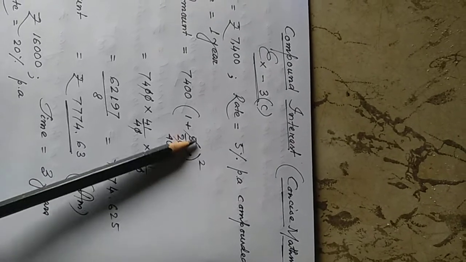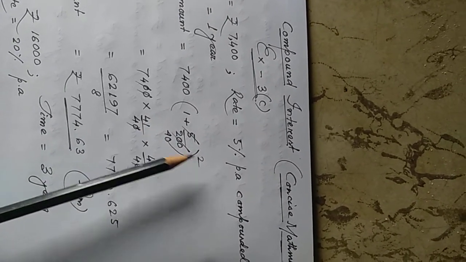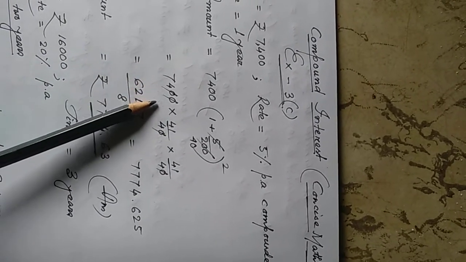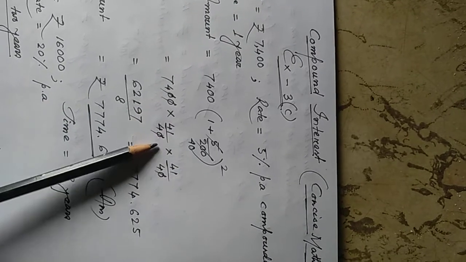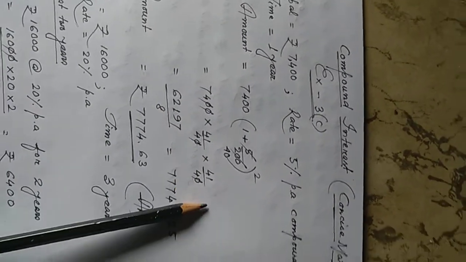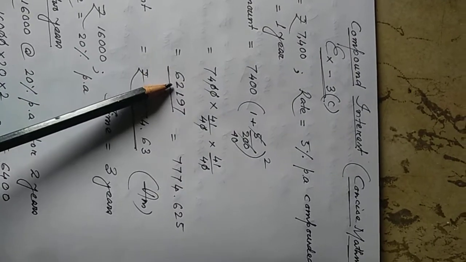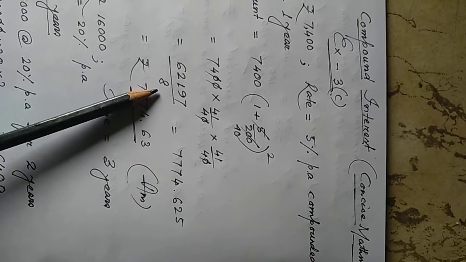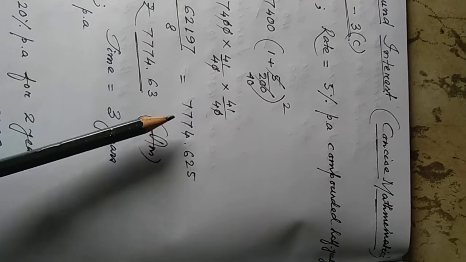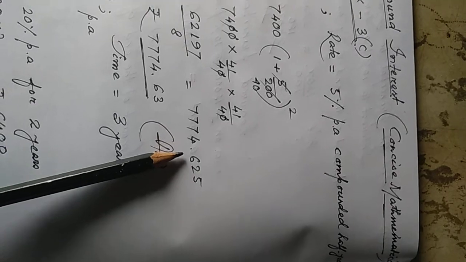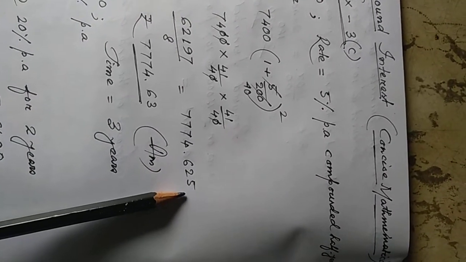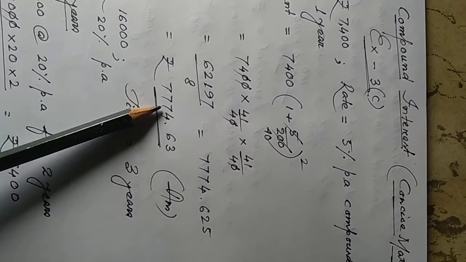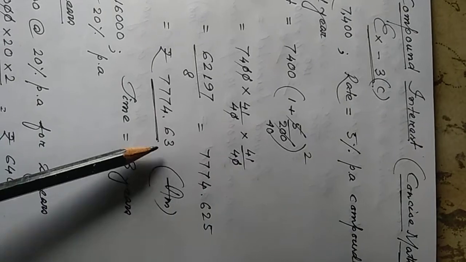Now reducing, this becomes 1 by 40, and then it is 7,400 into 41 by 40 into 41 by 40. Doing the calculation, it is coming 62,197 by 8, and dividing by 8 it is coming 7,774.625, and rounding up we can write the answer as 7,774.63.